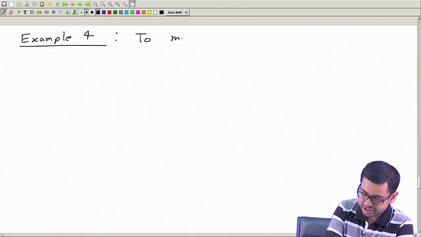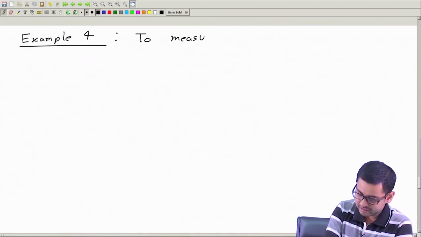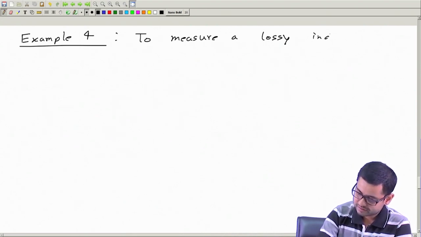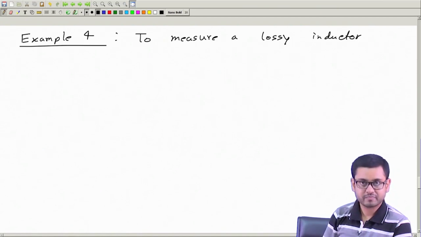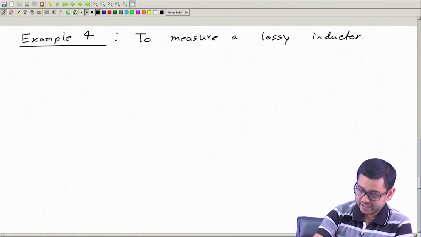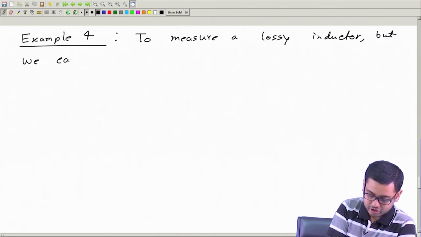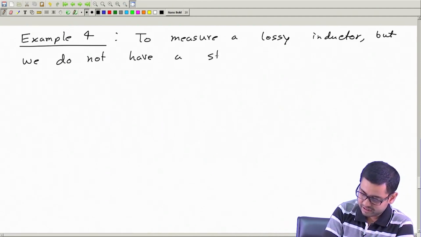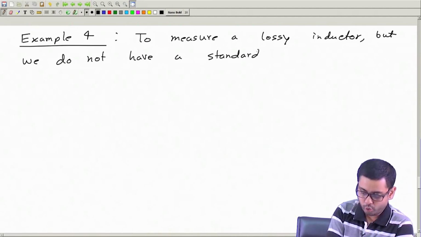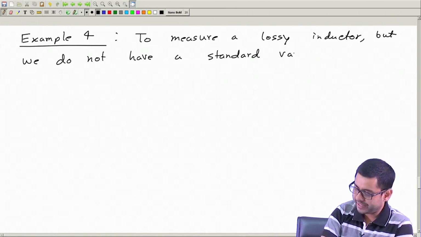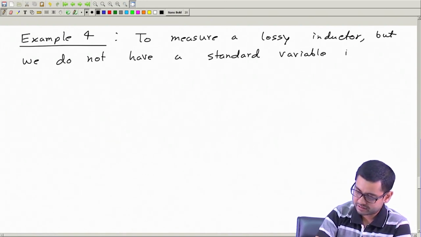To measure a lossy inductor, but we do not have a standard, meaning known, variable inductor.